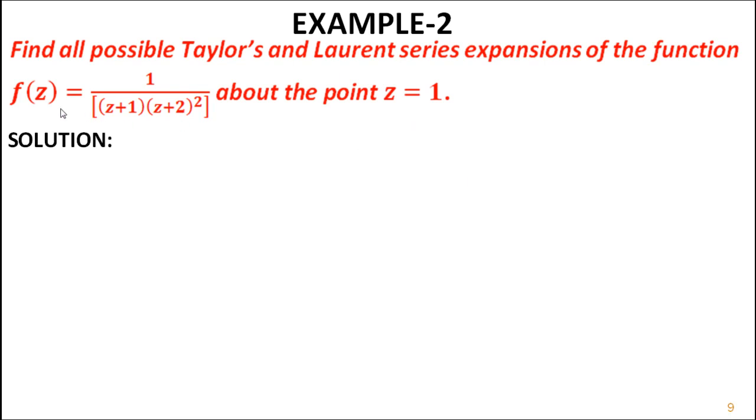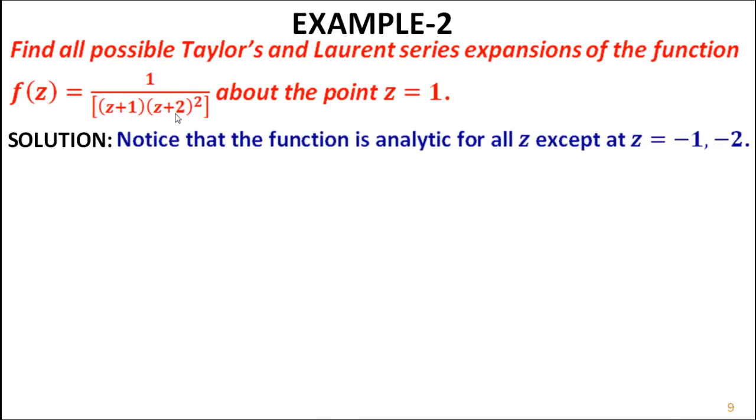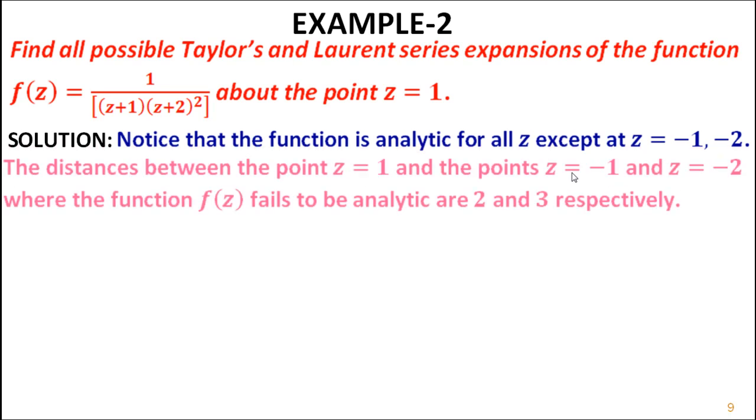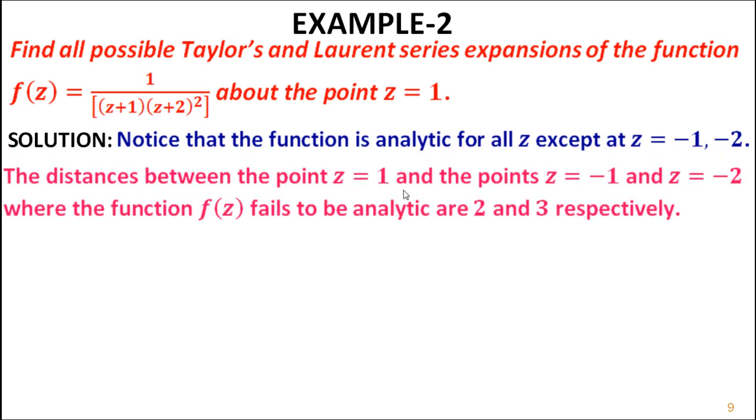Notice that the function f of z is analytic for all z except at z is equal to minus 1 and z is equal to minus 2. So the distances between the point z is equal to 1 and the points where the function is not analytic, that is z is equal to minus 1 and z is equal to minus 2, are 2 and 3 respectively.